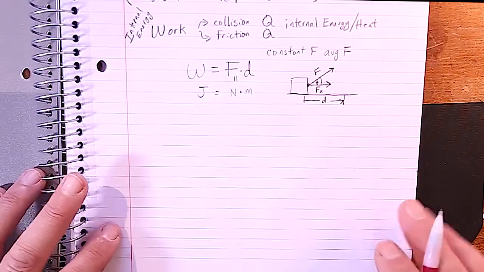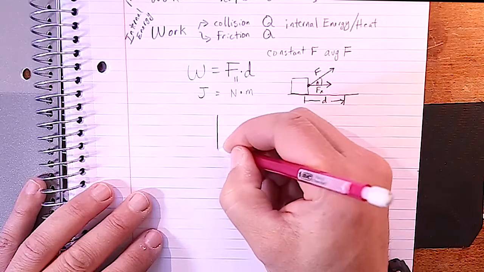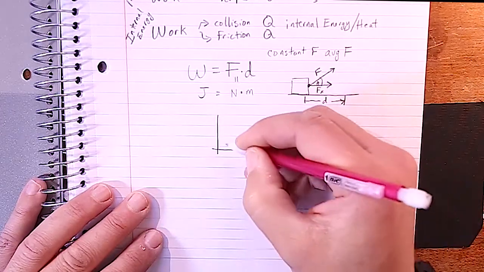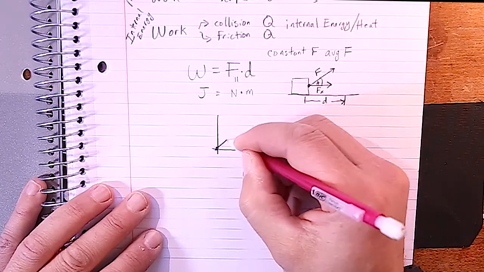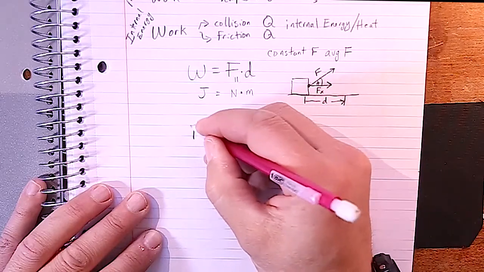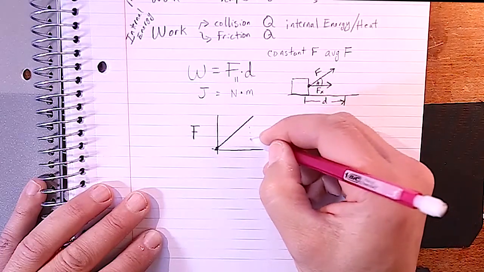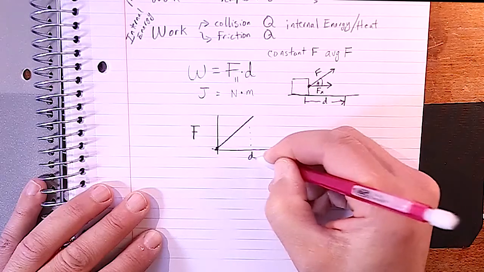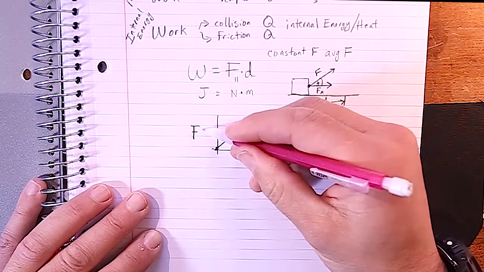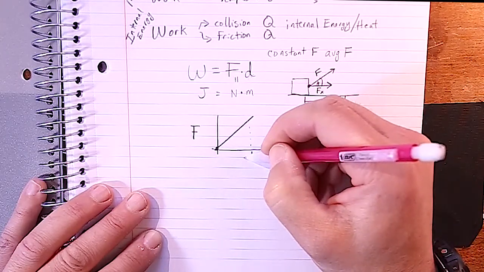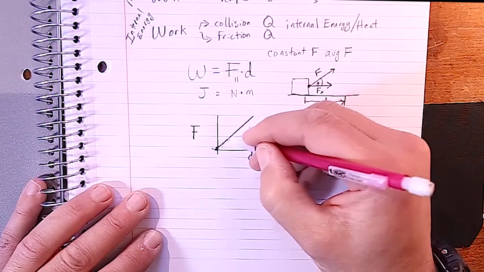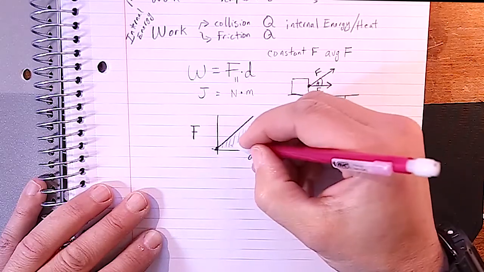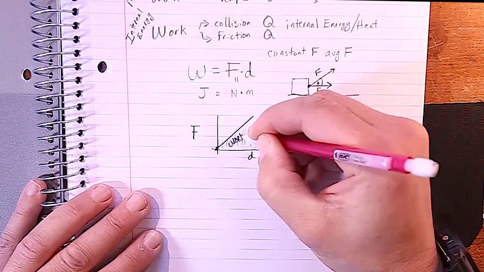But for now, let's take a look at a graph. Let's say that we had a force that is changing at a constant rate. So here's our F, and let's say we go up to a certain displacement d. Well, because we know force times displacement is the work done, then the area has to be equal to the work.